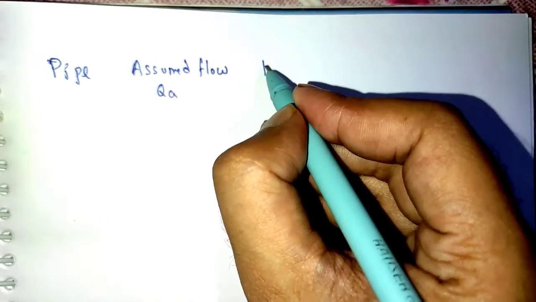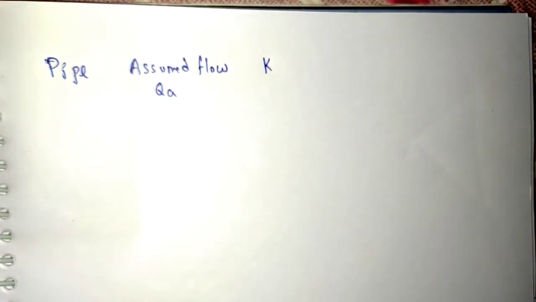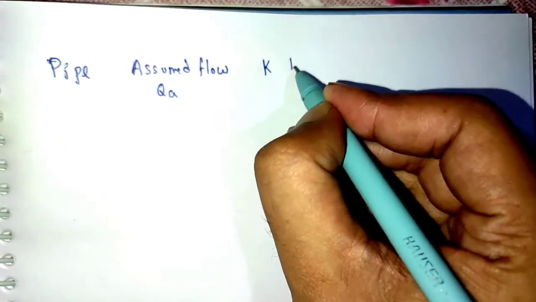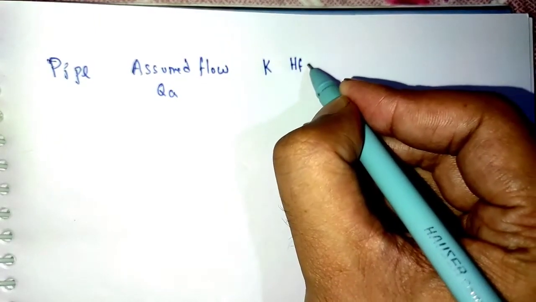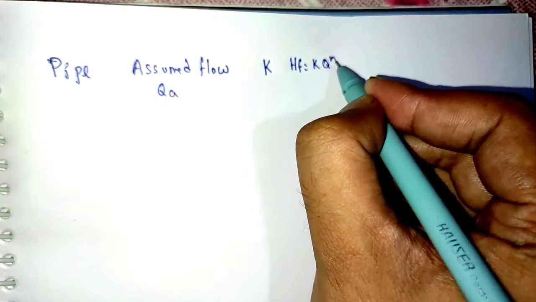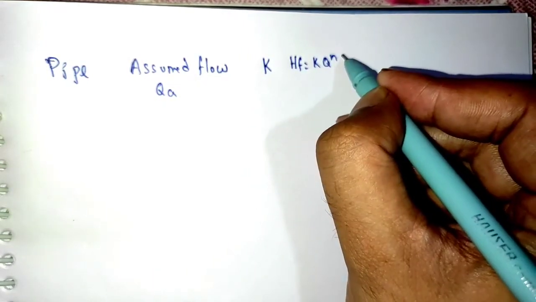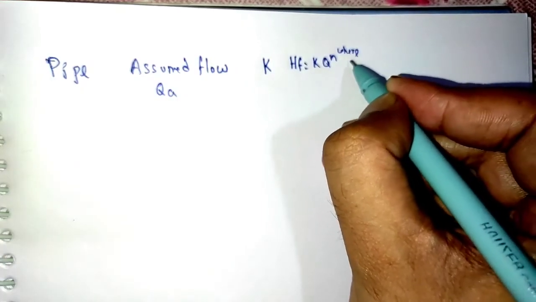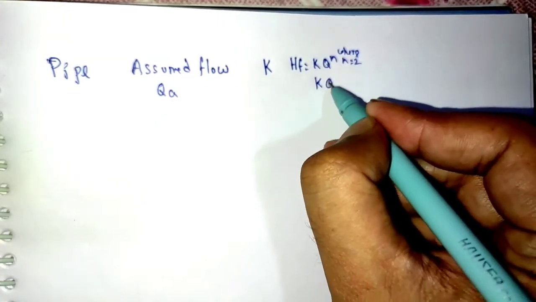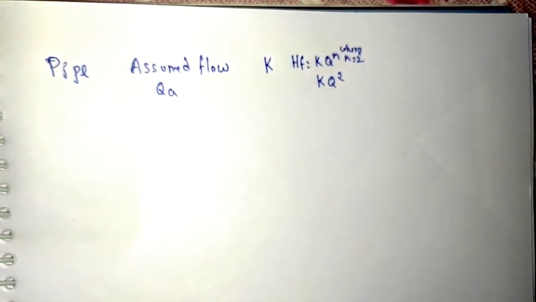The value of K for every pipe is given corresponding to that pipe only, so we will write the value of K in the third column. Now after finding the value of K, we will find HF. What is HF? K q to the power n, where n is equal to 2. So we can write HF as KQ square, right?